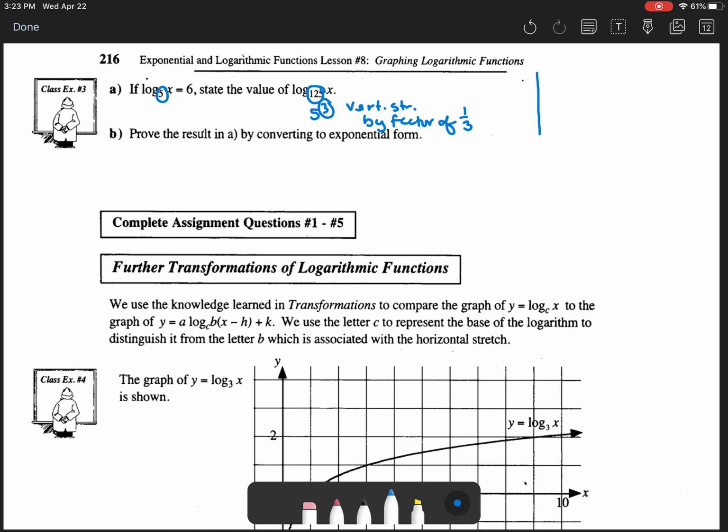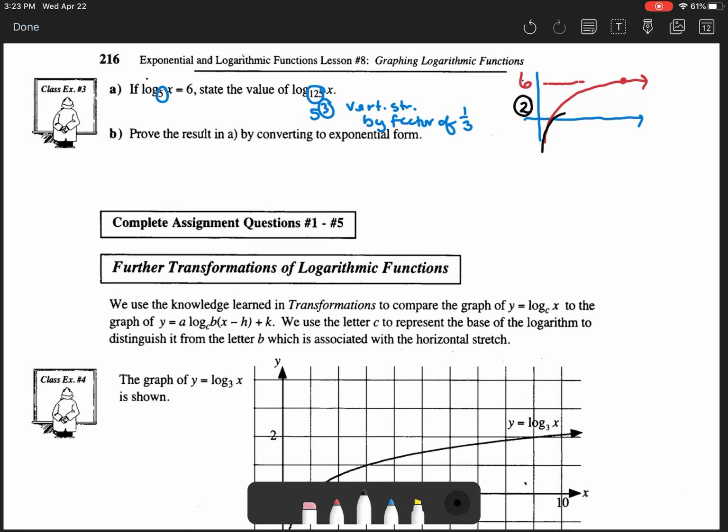So I'm just going to write that here. Vertical stretch by a factor of 1 over 3. So if I take that first graph, log base 5 of x, and the value is 6, so there's the y value at 6.